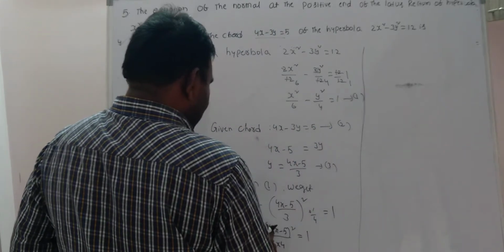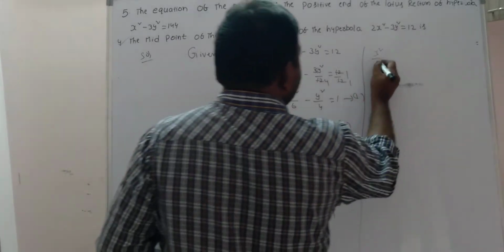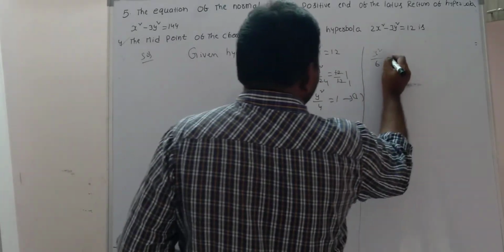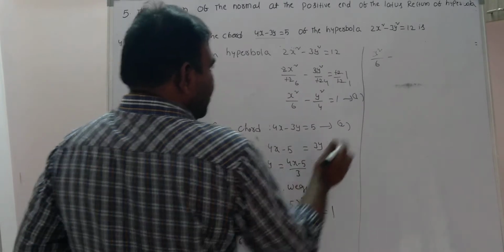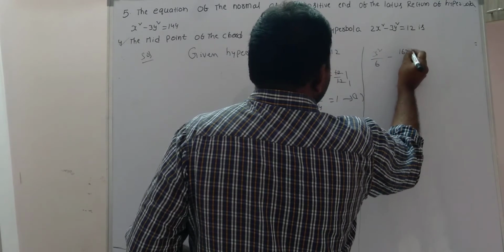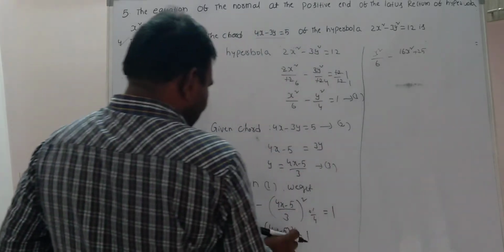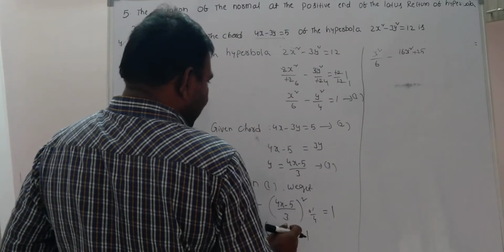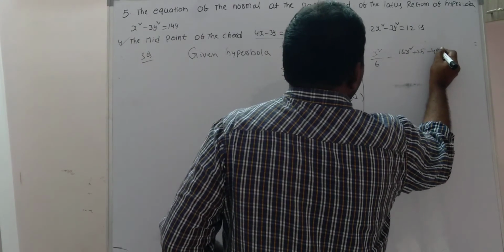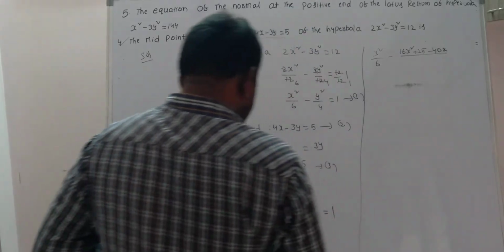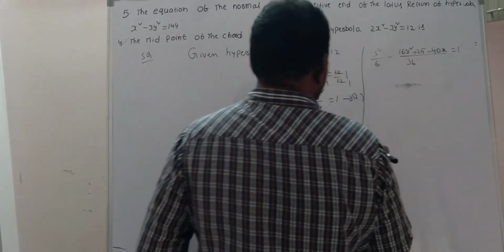So here expand this: x square by 6 minus. If you expand this bracket, you get a minus b whole square. A square means 4x whole square, 16x square, 5 square means plus 25, and 2ab is minus 2 times 4 times 5, which is minus 40x, all by 9 times 4, which is 36, is equal to 1.